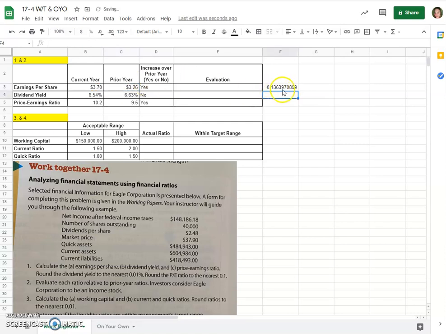So it's an increase of 13.5% or 13.6%. So I would say EPS increased by 13.6% over the prior year, a favorable trend.